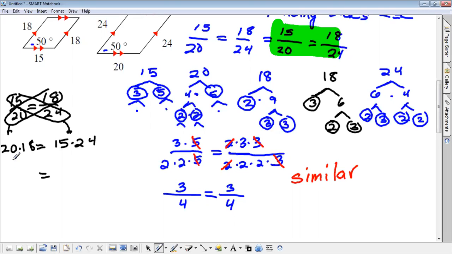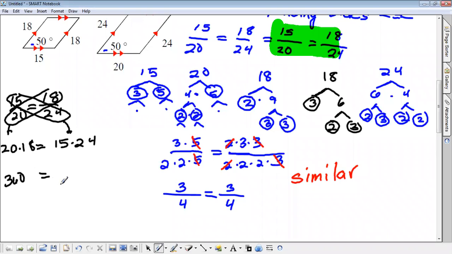What I recommend if you're going to do that, use a calculator. What is 20 times 18? Anybody use a calculator, please? 20 multiplied by 18. Say your answer out loud or text to me. 360? Okay, so 20 times 18 will be 360.